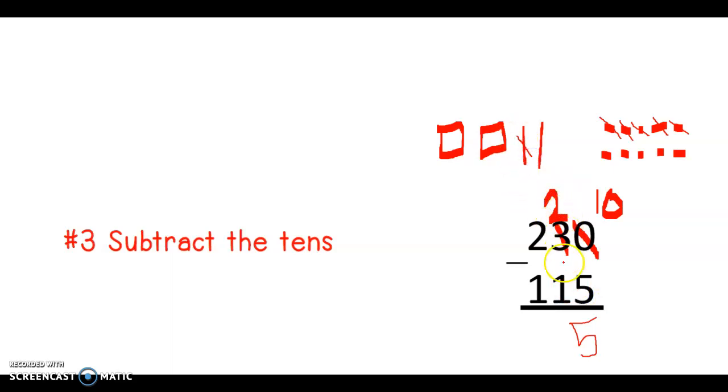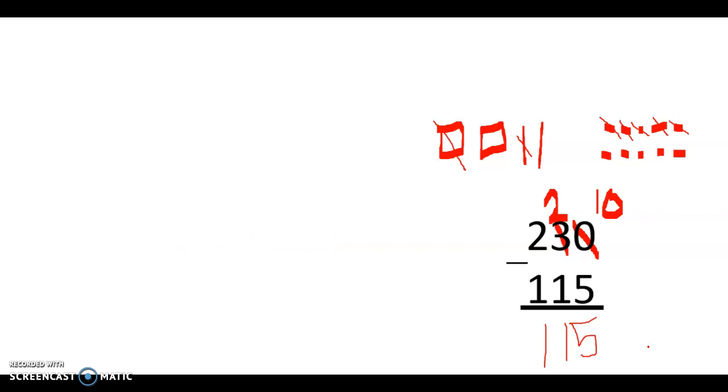Take 1 ten away. 2 minus 1 is 1. Well, I have 2 hundreds and I'm taking away 1 hundred. Cross out 1 hundred. 2 minus 1 is 1. So that means that 230 minus 115 equals 115.